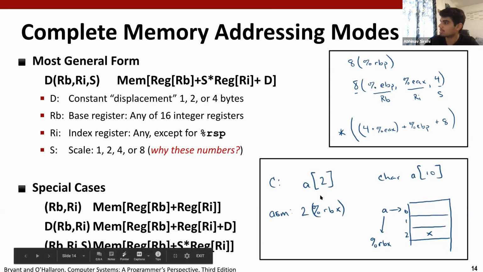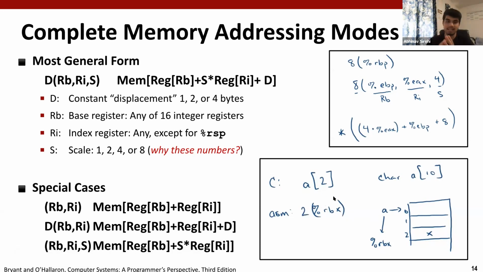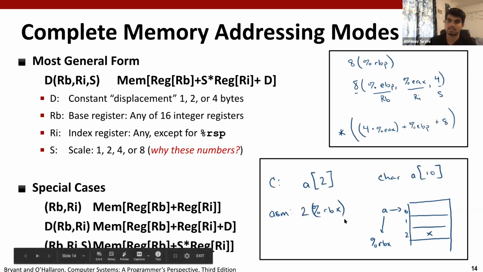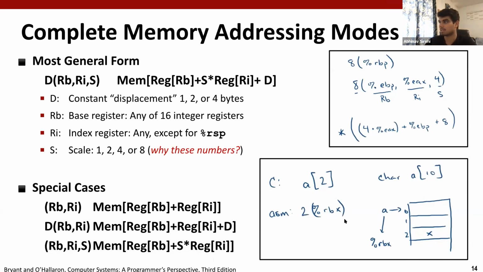So to get to the second location, we want to take A and add 2 to that, so we could access whatever's at A at index 2. So to add 2, we just multiply RBX by 2, and that'll get us whatever is at A at 2. And so that's basically how memory addressing works.